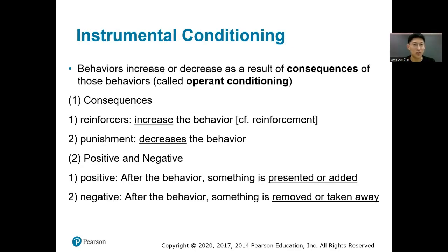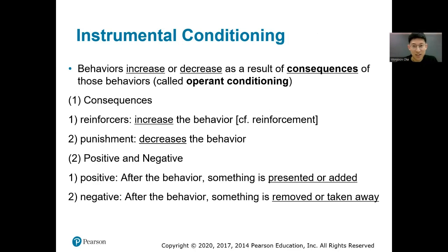According to instrumental conditioning, behaviors increase or decrease as a result of the consequences of those behaviors. And this is also called operant conditioning. There are two types of consequences, which are reinforcers and punishment.